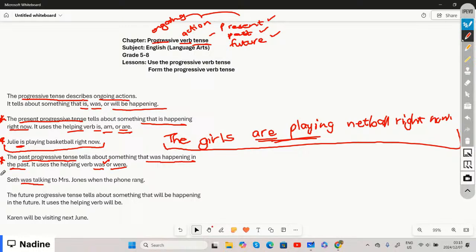All right. And if we were to use the helping verb were, if we refer to one person doing something, we use the helping verb was.